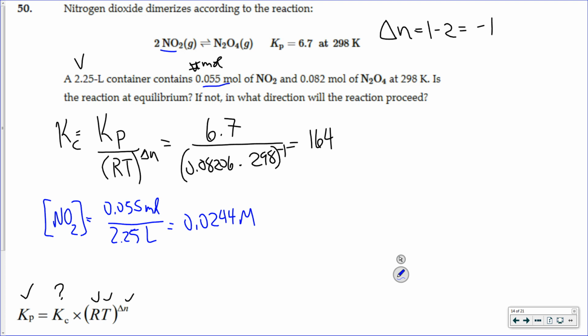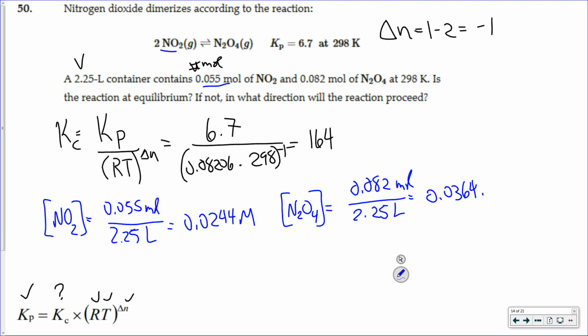And do the same thing for the product. It's going to give me its molarity.